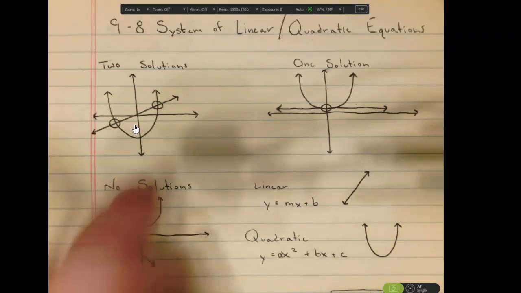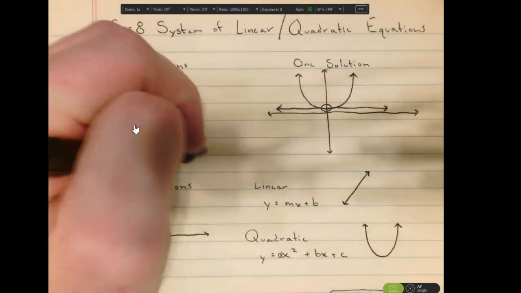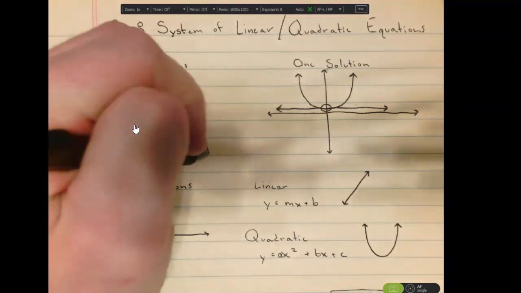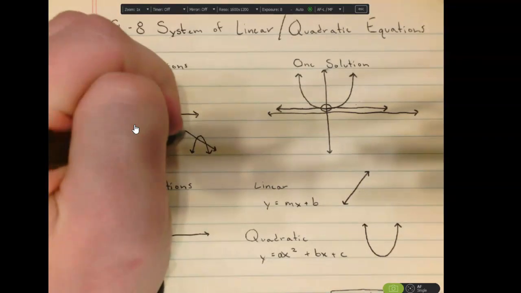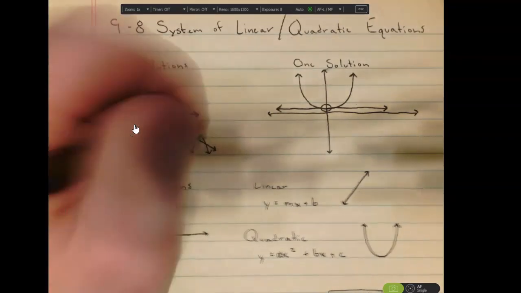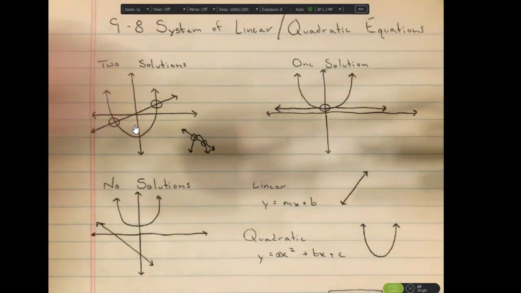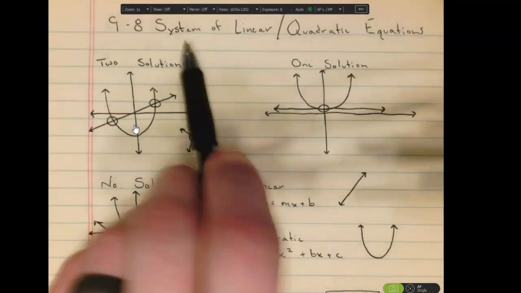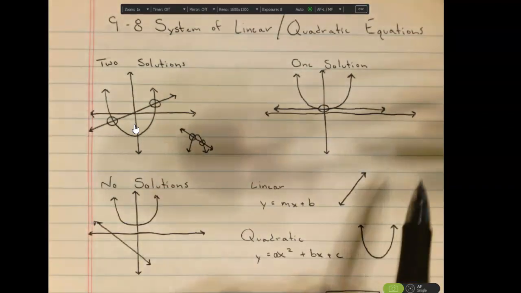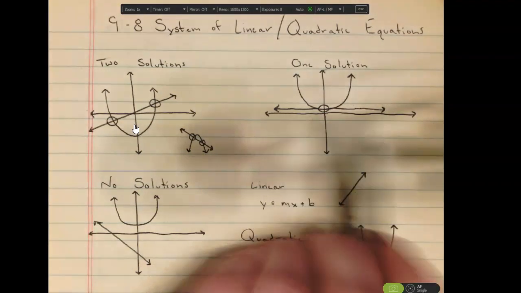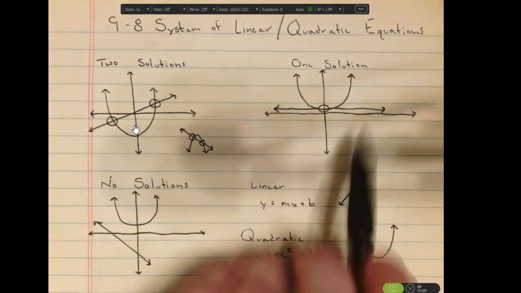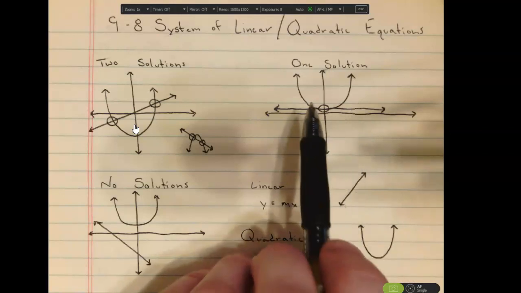Now, the parabola might be flipped, maybe upside down, and then that line might be negative. But still, it crosses the parabola at two different spots, so there would be two solutions. The next type of system is one that has one solution. This is where the linear graph passes the quadratic graph in just one spot.